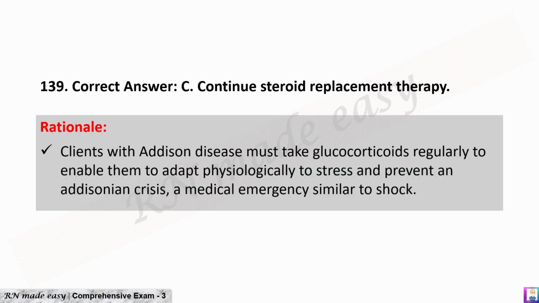The correct answer, C. Continue steroid replacement therapy. Rationale. Clients with Addison disease must take glucocorticoids regularly to enable them to adapt physiologically to stress and prevent an Addisonian crisis, a medical emergency similar to shock.